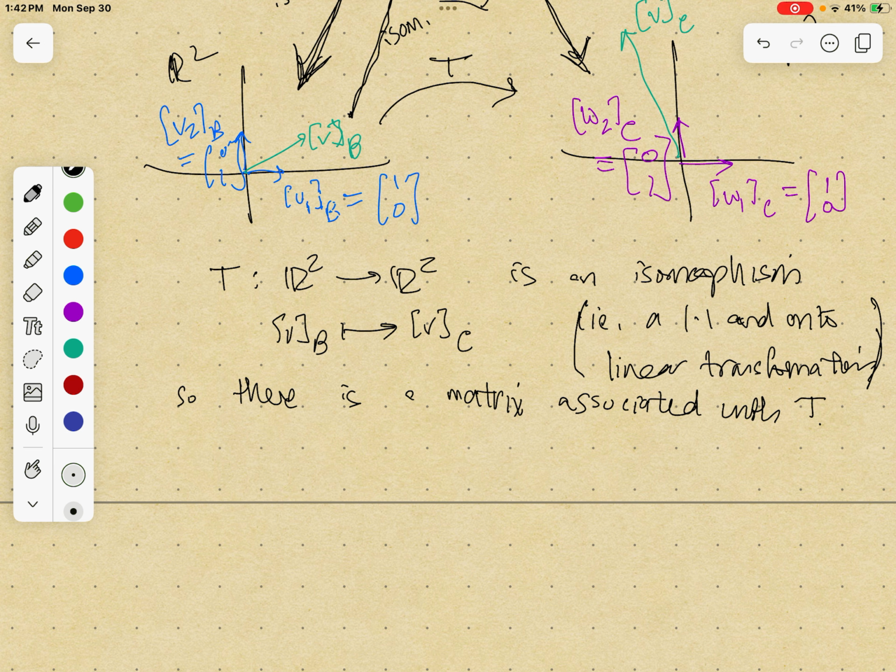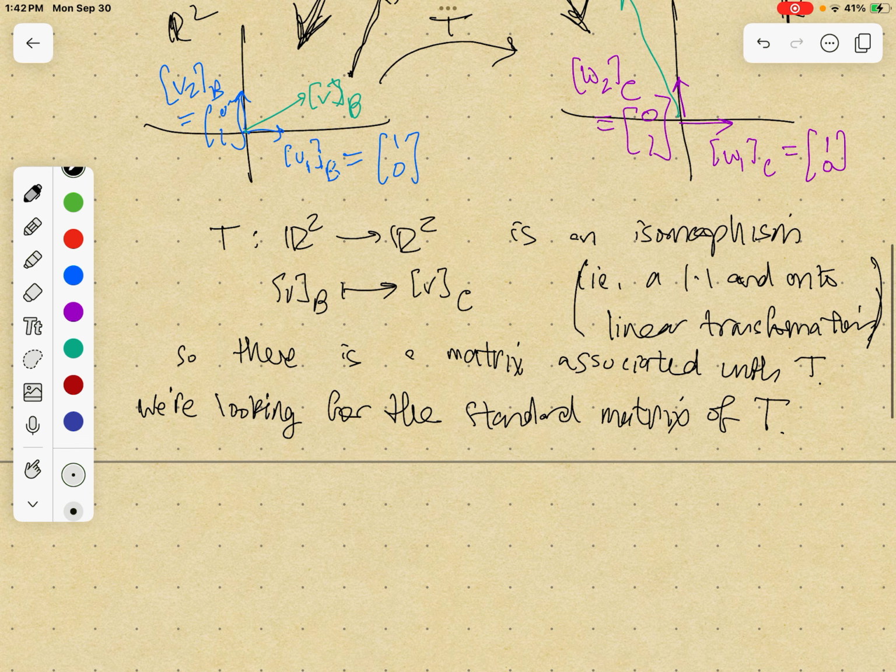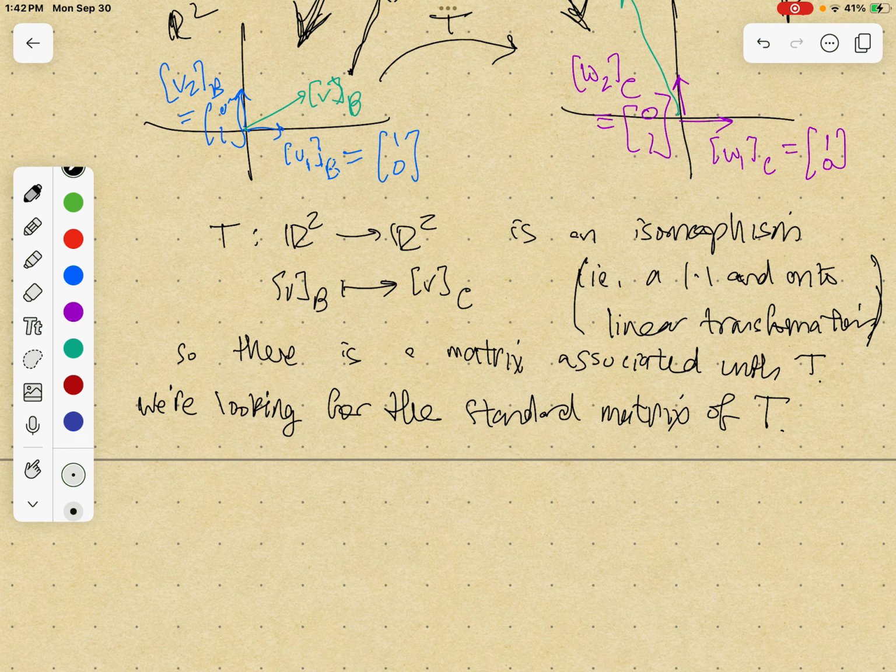So what we're looking for is the standard matrix of T. Well, let's think about what that is. The standard matrix of T is the matrix whose columns are T of E1 and T of E2, right?